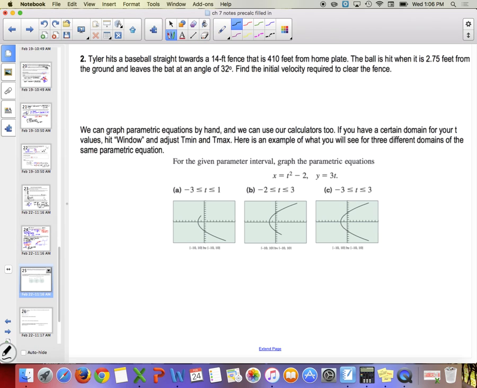All right, so let's draw a picture. So it's from 2.75 feet, and he's hitting it at an angle of 32 degrees. And this initial velocity is, oh, that's what we're finding, so we'll call it V, or V sub O if you want.